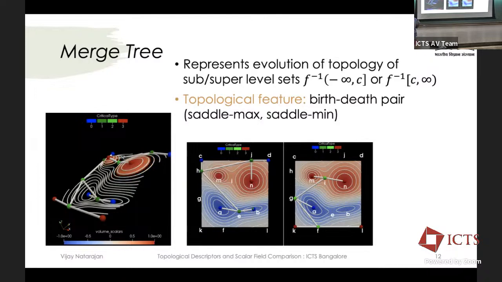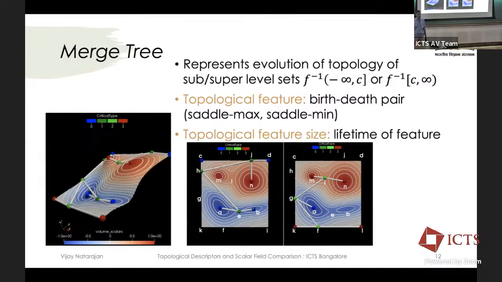The component that was born at B dies at E, and the size of that feature to begin with is simply the difference in function value at B and E, the height of that particular feature. So this is my topological feature and the size of this feature.